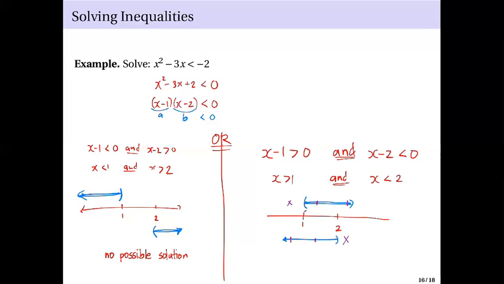Which means graphically, the set of x that we need is all those real numbers between 1 and 2. So, combining these two inequalities, what we need are the values of x for which x is greater than 1 but less than 2. So this is the solution to this inequality.